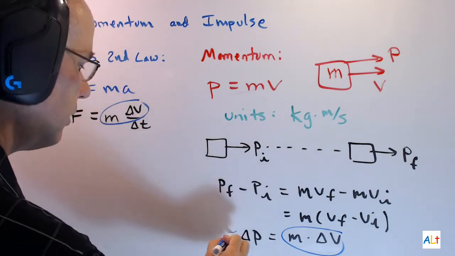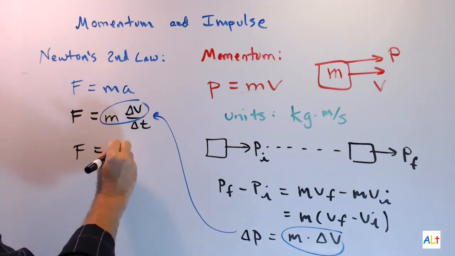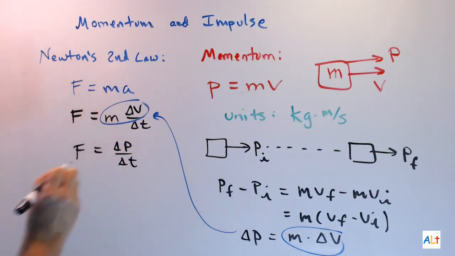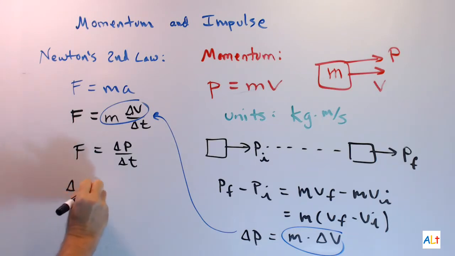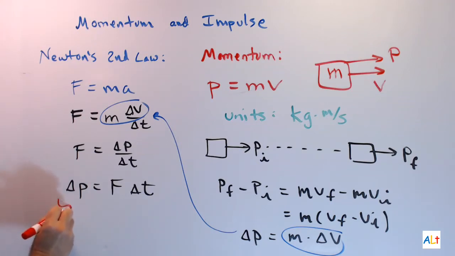So we can actually replace that, and we will get force equals delta P divided by delta T. And from there, it's easy to see delta P equals F times delta T. The change in momentum, or momentum change, is what we call impulse.